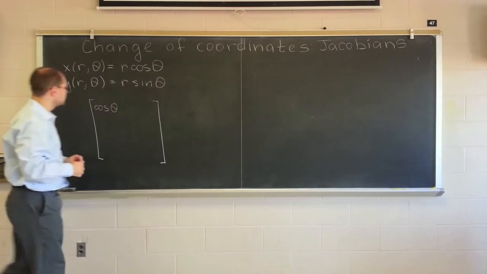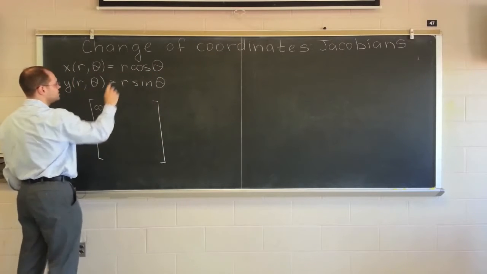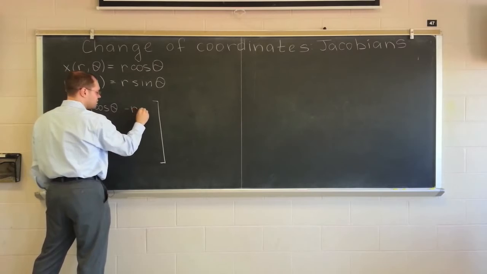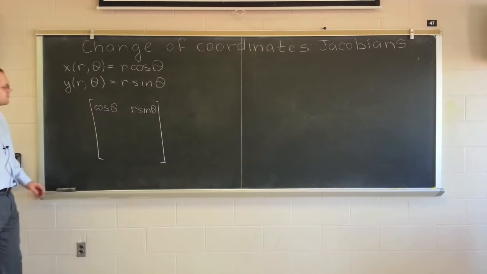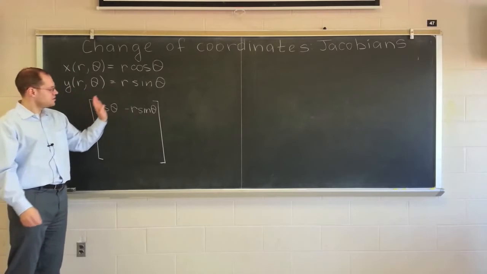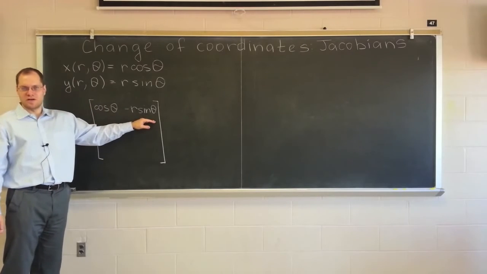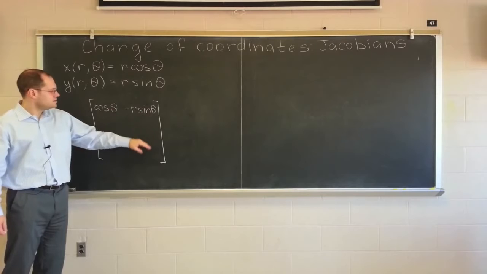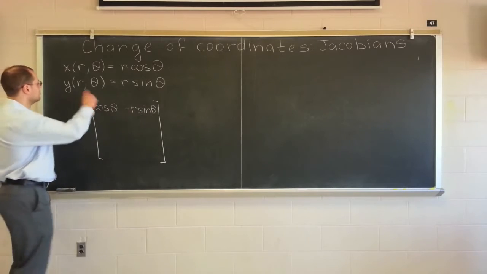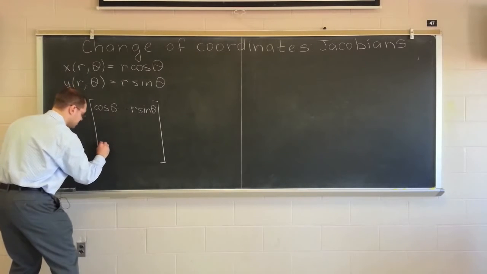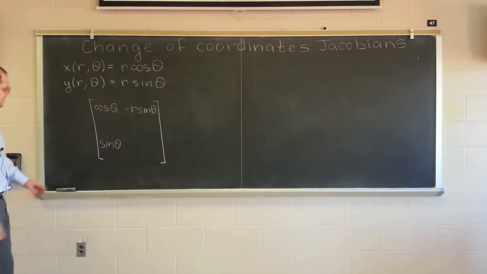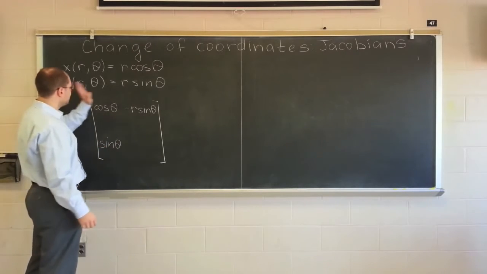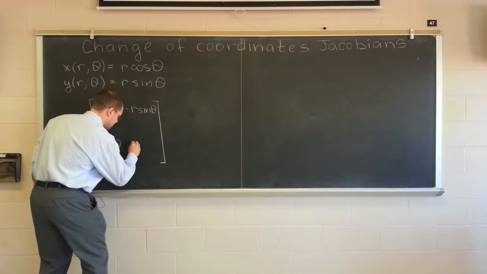So that's just something to keep in mind. And dx d theta is minus r sine theta. So if dx dr and dx d theta go in row 1, dy dr, dy d theta will go into row 2. dy dr is sine theta. Maybe this matrix didn't need to be so large. And dy d theta is r cosine theta.